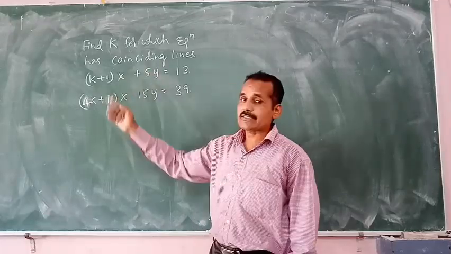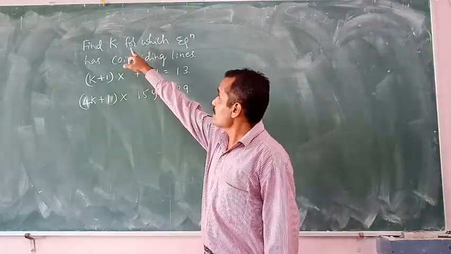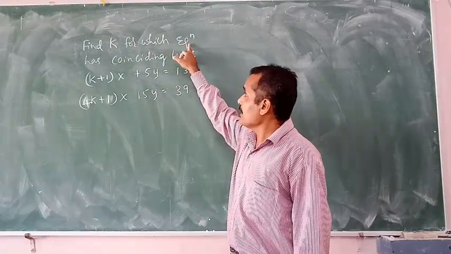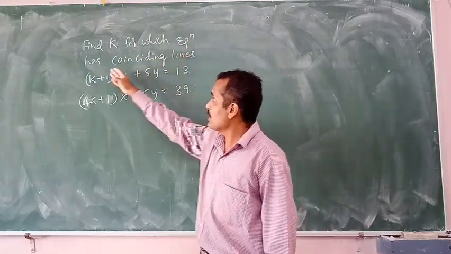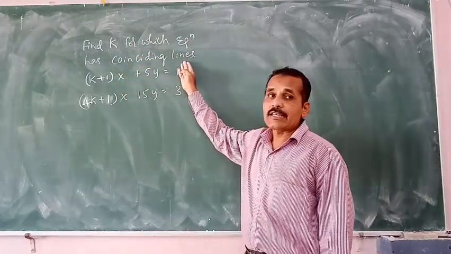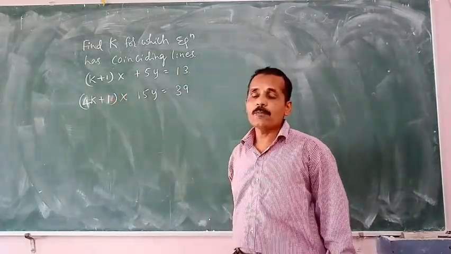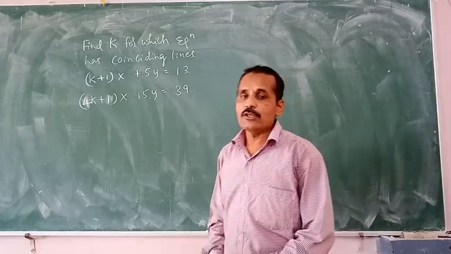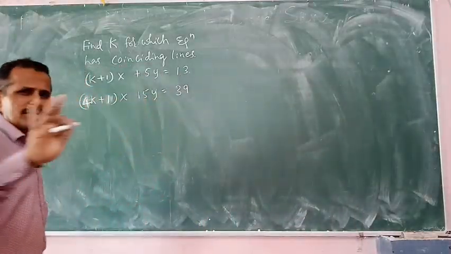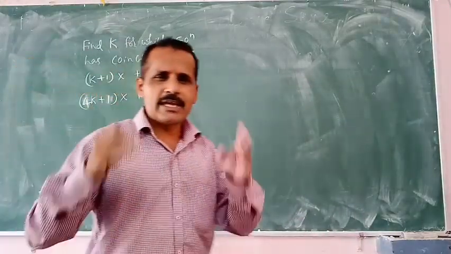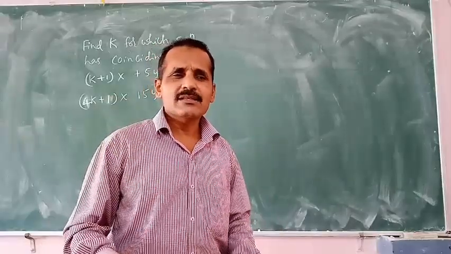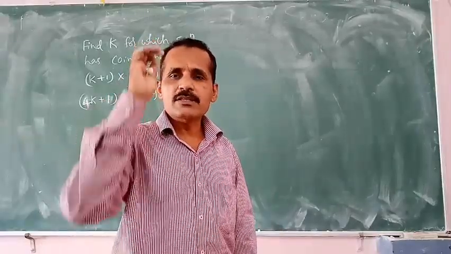There are 2 k's out there, and the question is find the value of k for the equation which has coinciding lines. I have got 2 k's for you and you will find what is the value of k. There is no change in the method. Whether there is 1 k, 2 k's, 3 k's, it is immaterial. Method remains the same.